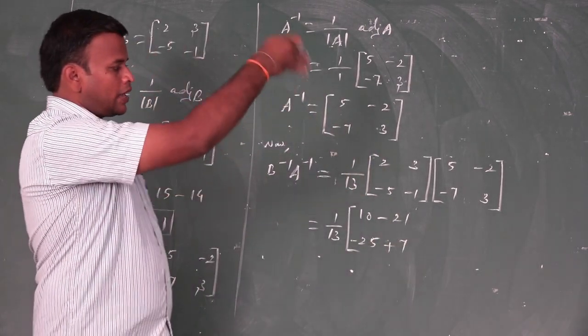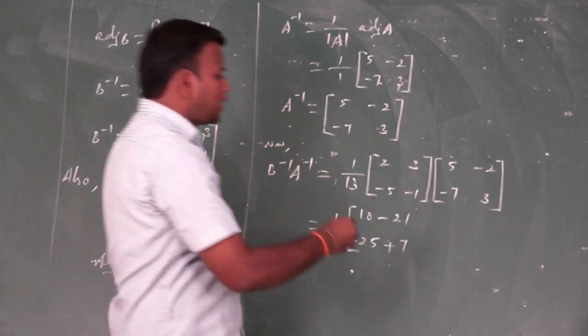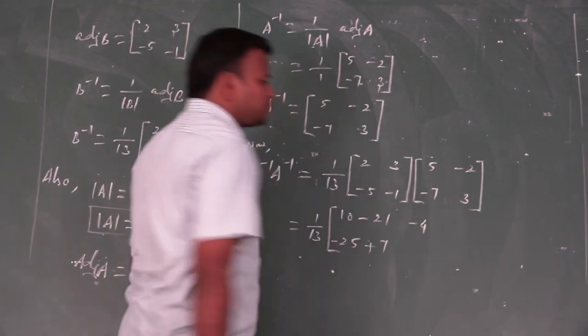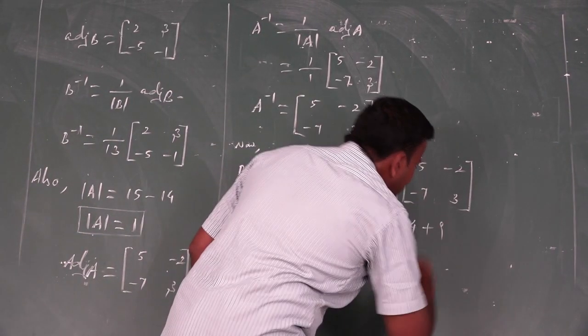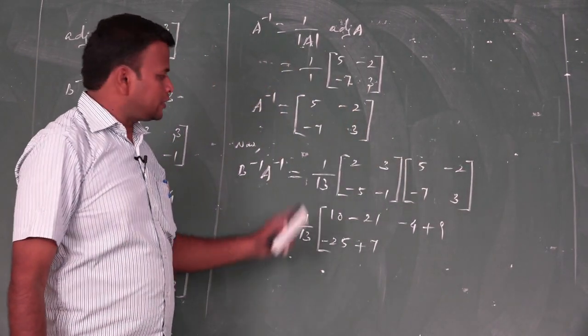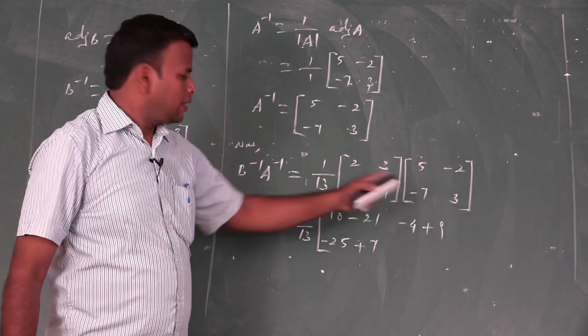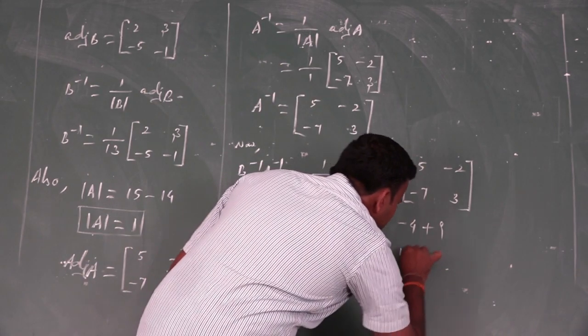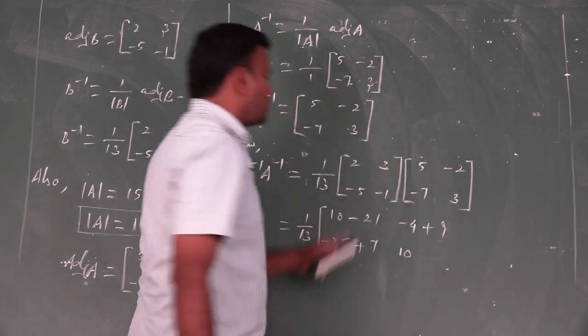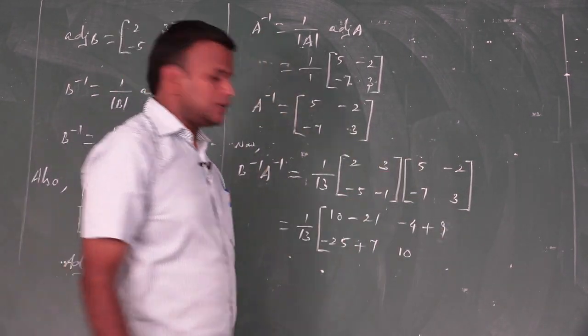Now first row and second column. 2 into minus 2, minus 4. 3 3s are 9, plus 9. Next, second row, second column. Minus 5 into minus 2 is plus 10. Minus 1 into 3 is minus 3.